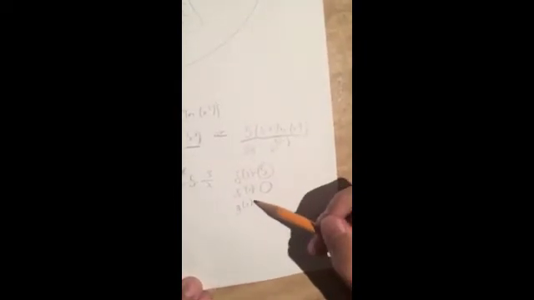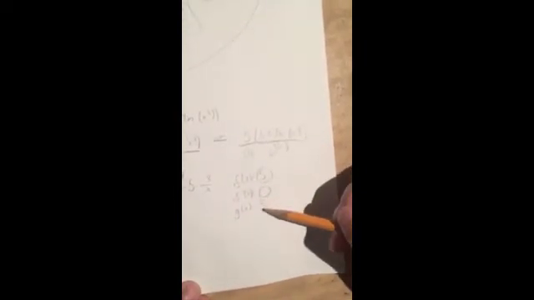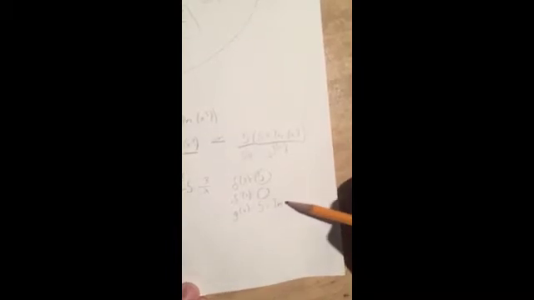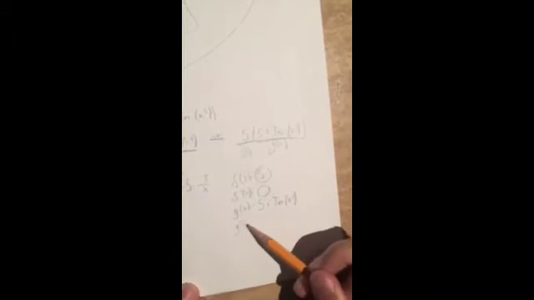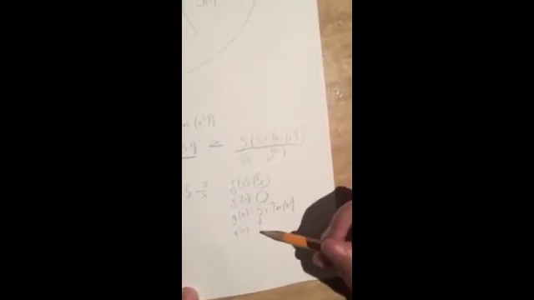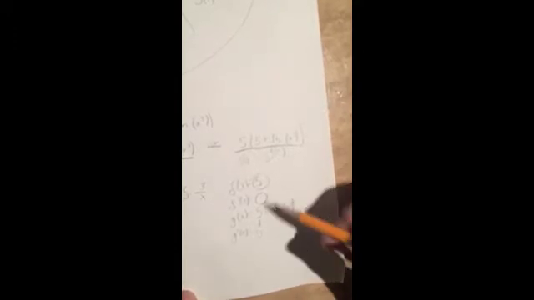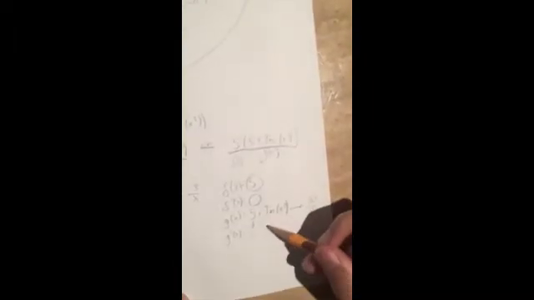G of x will be 5 plus natural logarithm of x cubed, and g prime of x, since the 5 turns into a constant, using our formula for natural logarithm, is going to be 3 over x.